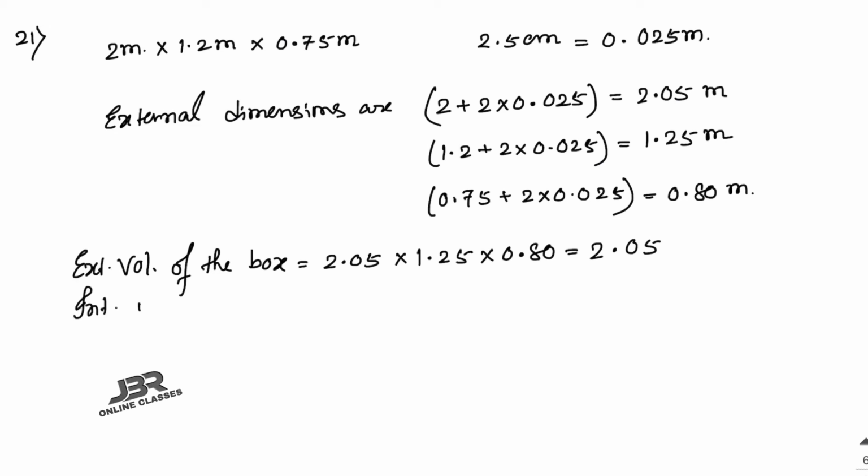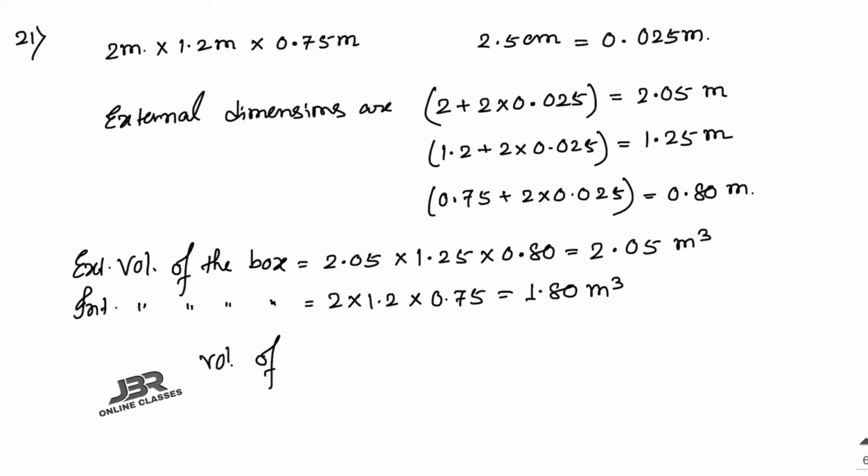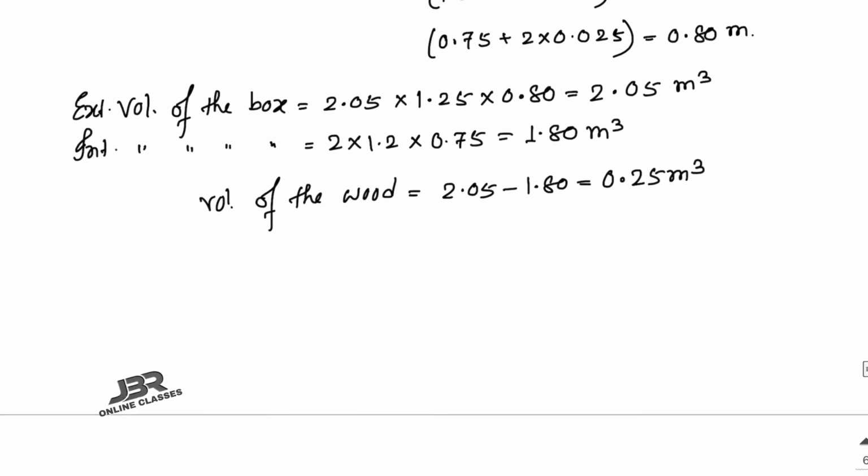And the internal volume of the box will be 2 into 1.2 into 0.75, that equals 1.80 meter cube. So the volume of the wood equals 2.05 minus 1.80, it's 0.25 meter cube. Now you have to find out the cost.